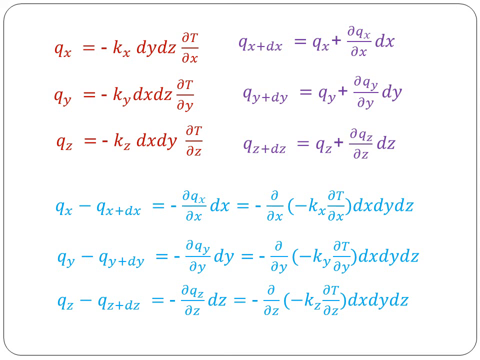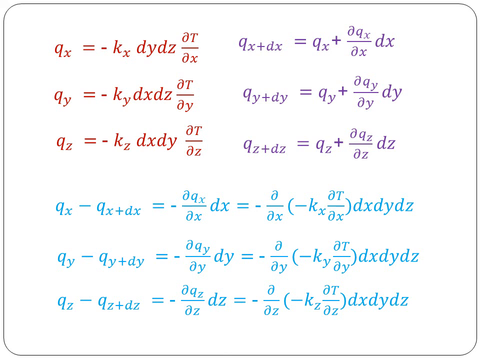So, net heat which is conducted in the x direction is Qx minus Qx plus dx. If you consider this Qx and Qx plus dx, we have Qx in common. So, that will get cancelled and you are left with only minus del Qx by del x into dx.